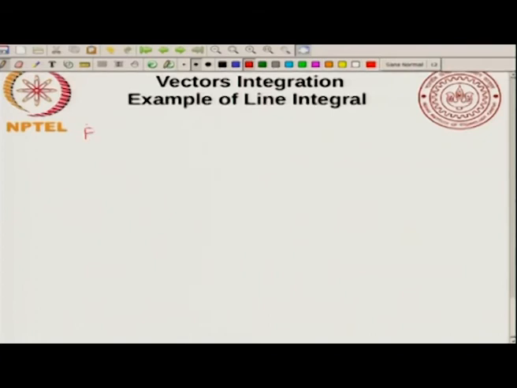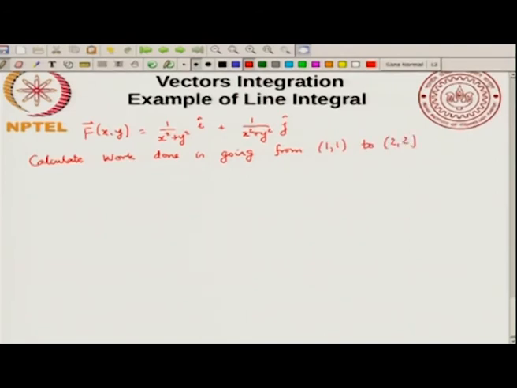So if F of (x,y) is equal to 1 over (x squared plus y squared) i plus 1 over (x squared plus y squared) j, what is the work done in going from the point (1,1) to (2,2)?